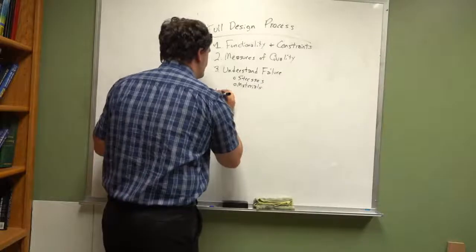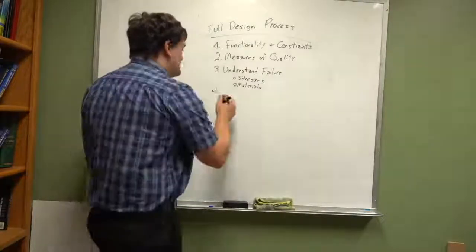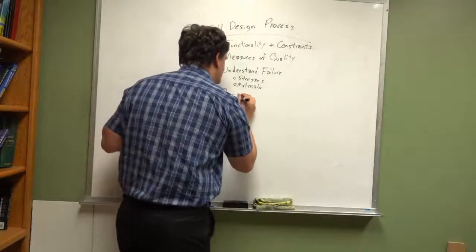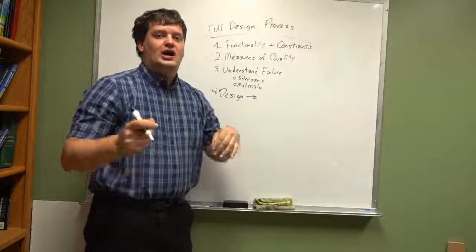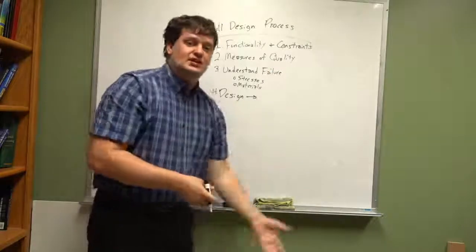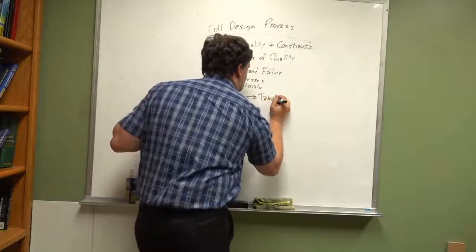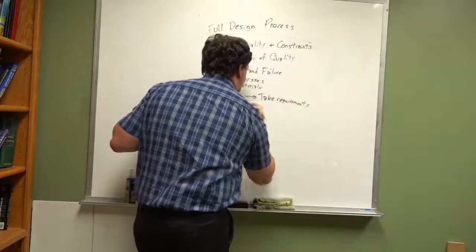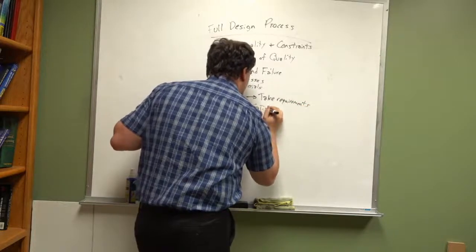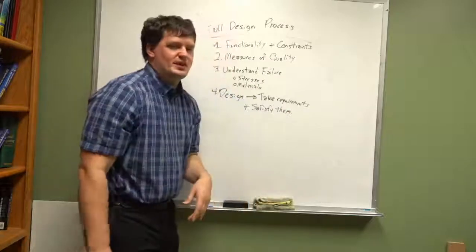Once you understand failure, once you understand the foundations of all this, that's where you get into the design process. You understand what the requirements are, and then you design the piece to satisfy those requirements. This is kind of why design is a backwards process.